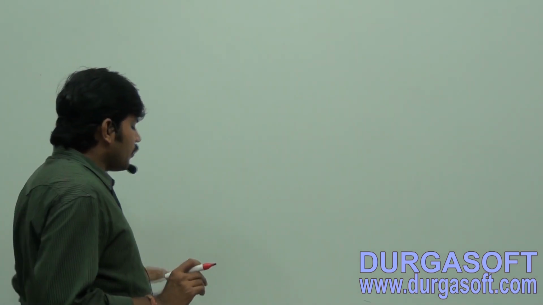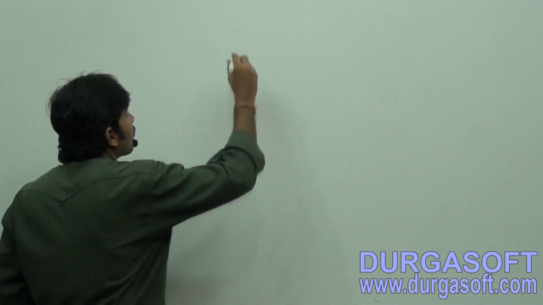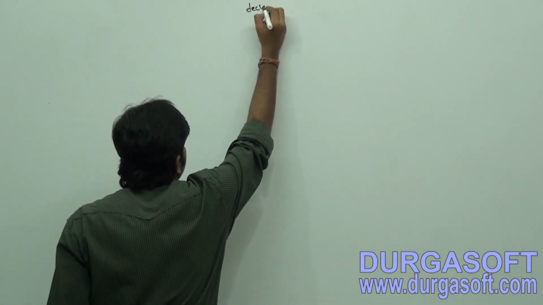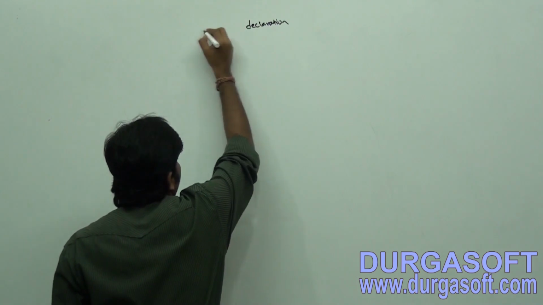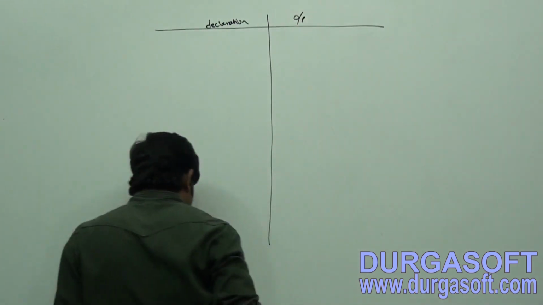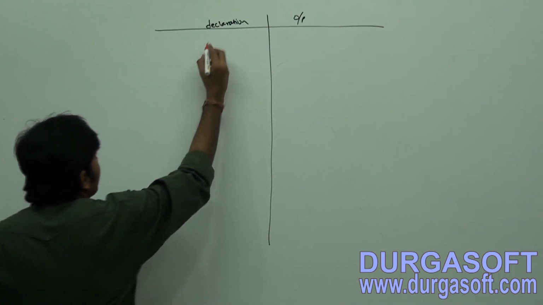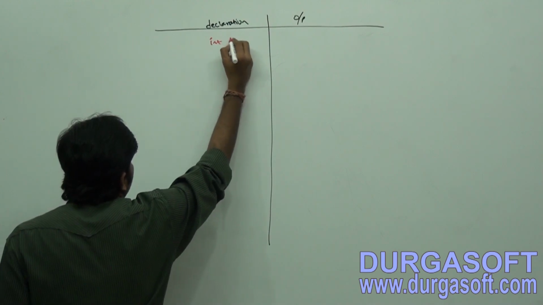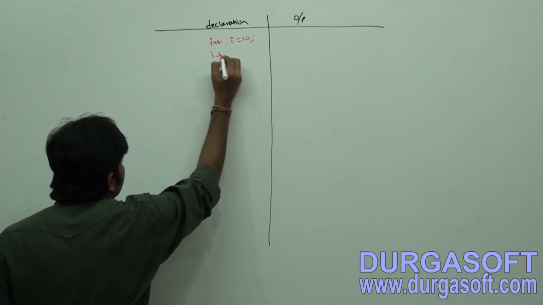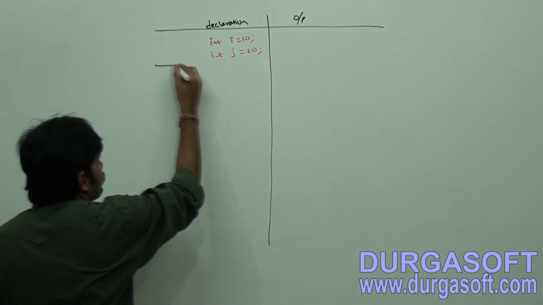Now let me summarize this total discussion into a small summary diagram so that you are clearly aware of the concept. Here, see, the declaration and the corresponding output. I am taking int i is equal to 10, int j is equal to 20.